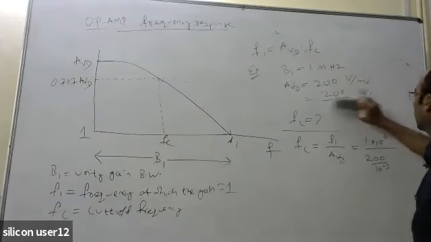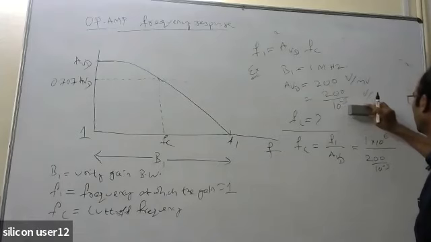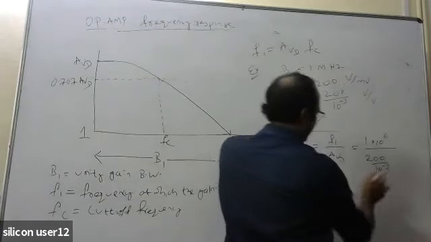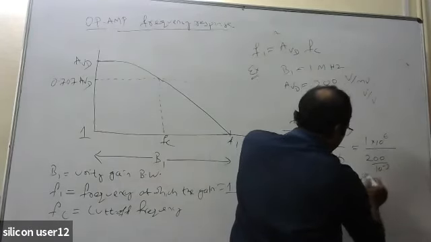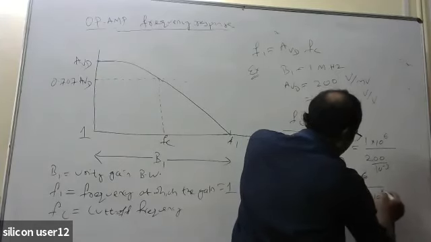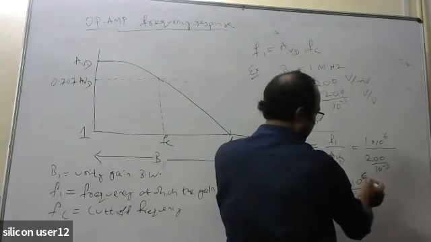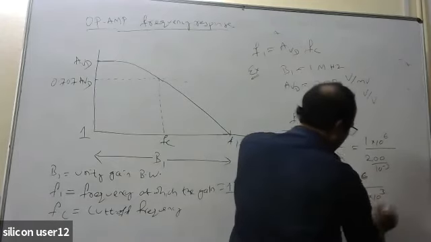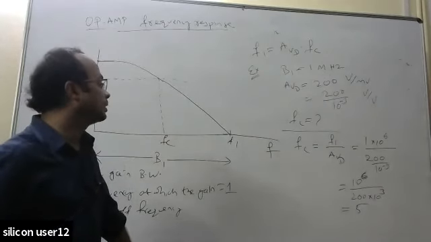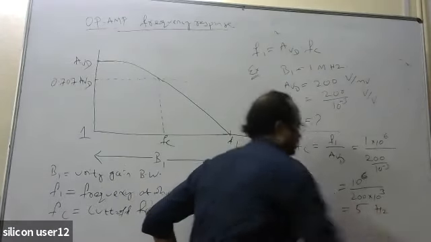Here it is not 10 to the minus 3, it will be 200 into 10 to the 3. It is in the denominator, so it will be okay. 10 to the 6 by 200 into 10 to the power 3. Just calculate it. This cancels out, so it is 1000 by 200, equal to 5. So here the cutoff frequency is coming as 5 hertz. Always write the unit, 5 hertz.